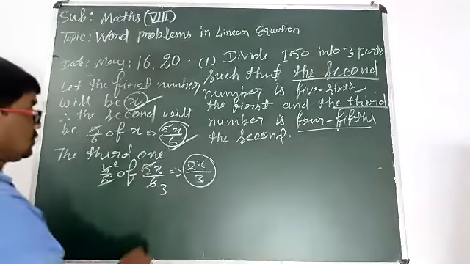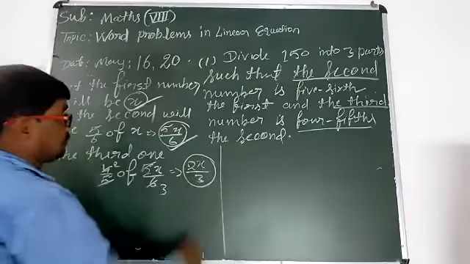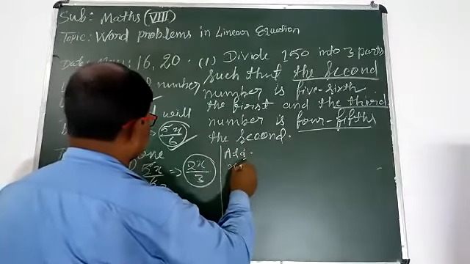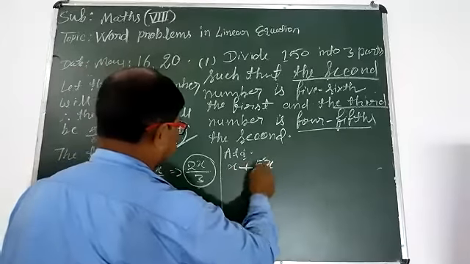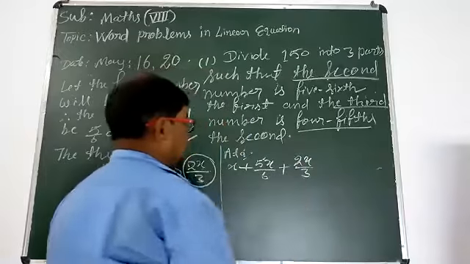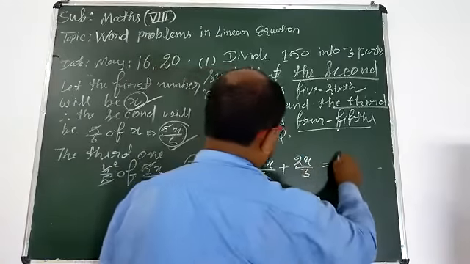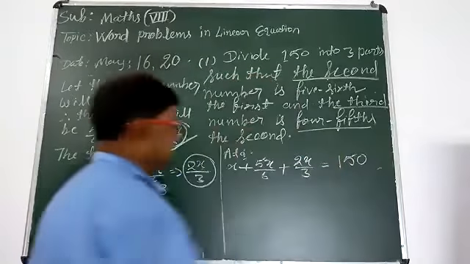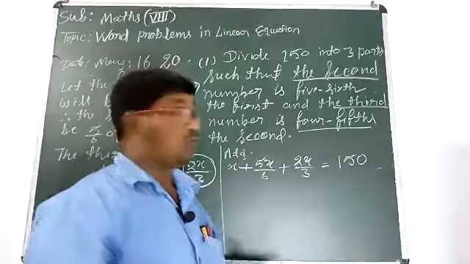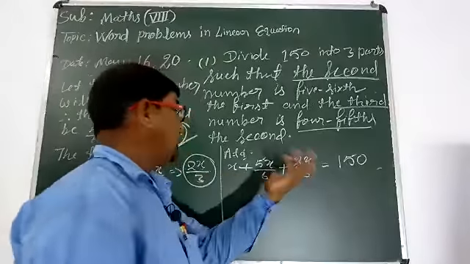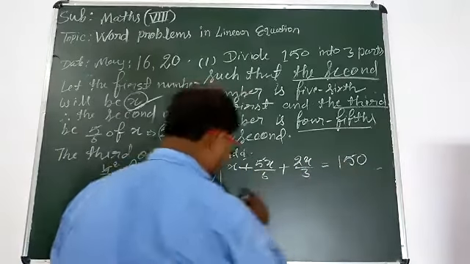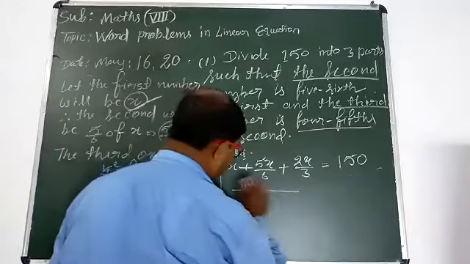But the total, according to the question, you should write here x plus 5x upon 6 plus 2x upon 3 equal to 150. Okay? Because 150 is divided in this way. Understood, student?